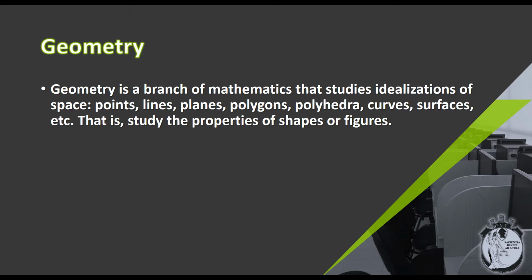Important here, an idealization is how you can understand the space. You can use points, lines, planes, etc. But you need to know that for this course we will see plane geometry, only 2 dimensions.